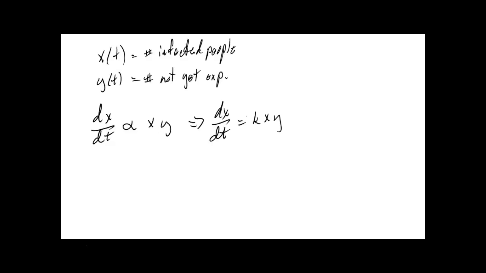Now, if you had a very small fixed community with some fixed population, then x and y are related to each other. If that fixed population is, say, p, then x is equal to p minus y, or y is equal to p minus x. Because it's got a fixed population. If only one person is exposed, then the others are not exposed.